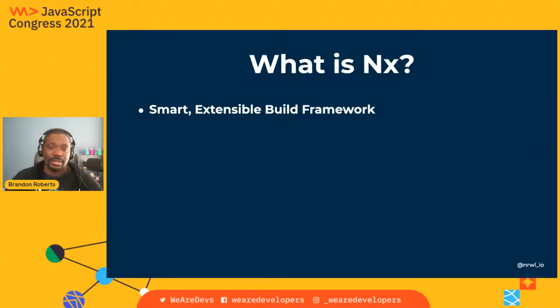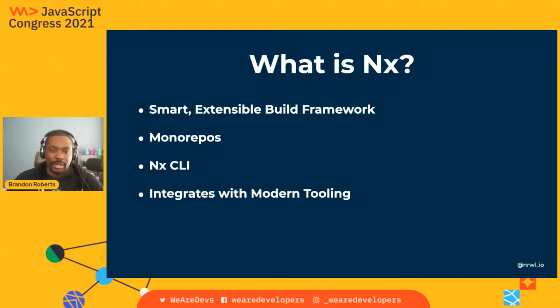Nx is a smart, extensible build framework that works with monorepos. So it does more than just co-location of code. It also has a powerful CLI and integrates with the modern tooling that I mentioned before that we're getting accustomed to using when we're doing modern web development with Angular.